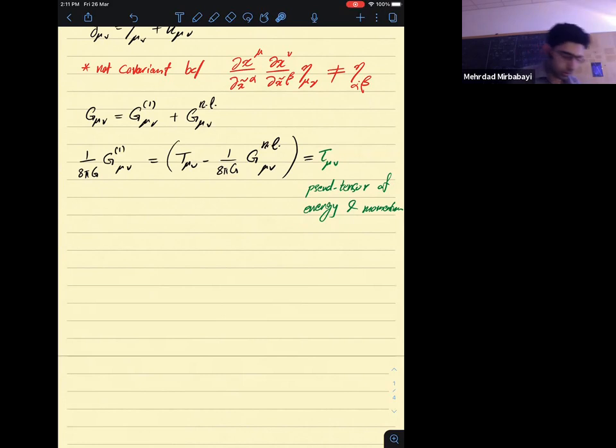But why is it called the pseudo tensor of energy and momentum? Because it is related to energy and momentum. In particular, if you imagine we are in a situation where we are near Minkowski spacetime.